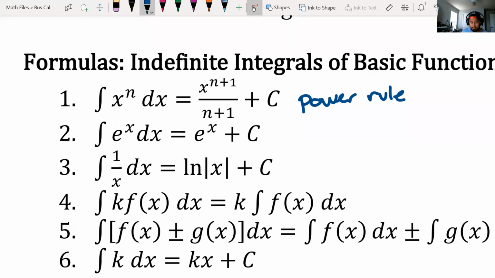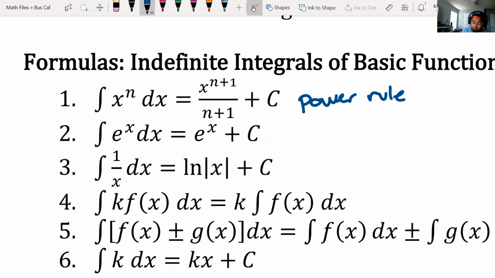The second rule, well, this one's fun. The integral of e to the x is e to the x. Just like the derivative: the derivative of e to the x was e to the x, and the antiderivative of e to the x is e to the x, of course plus c.